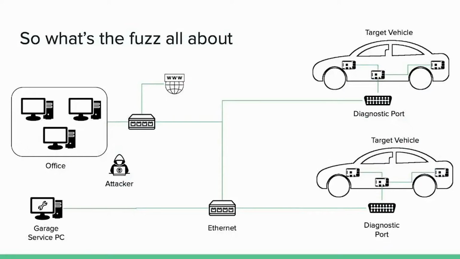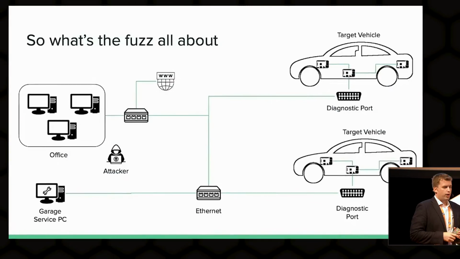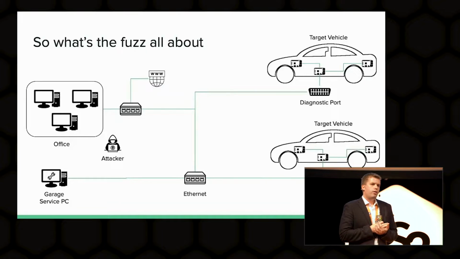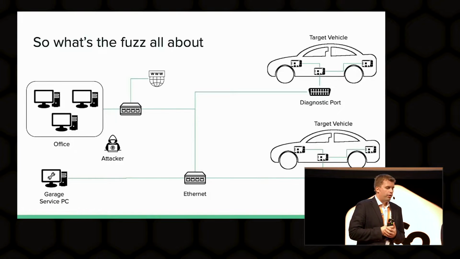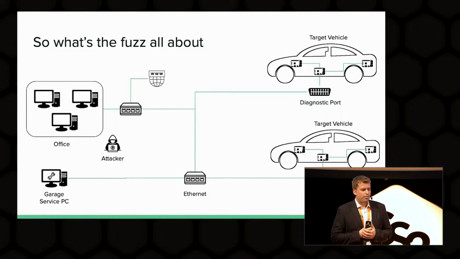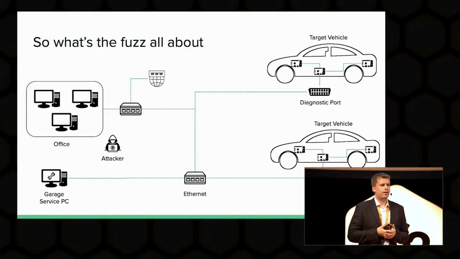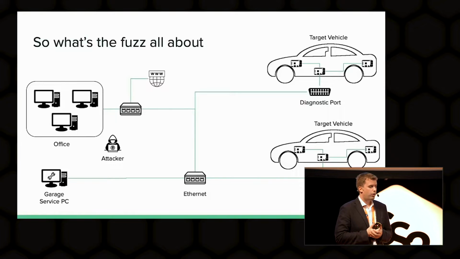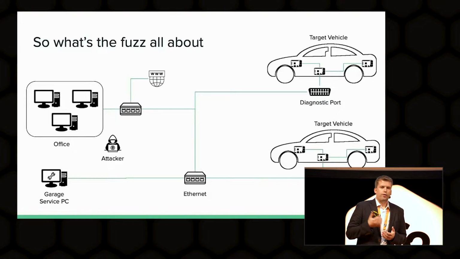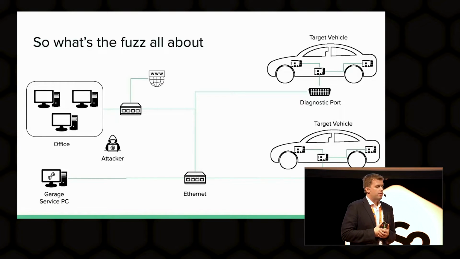Now the question is, so what's the fuzz all about? Usually, if you do diagnostics with a vehicle, it's a point-to-point connection. So you have a tablet computer with the OEM software on it, and you connect it, and you do your diagnostics. But with Ethernet being a packet-oriented protocol, you could just hook up your car to the next available Ethernet port, and maybe you have your computer to do the analysis somewhere else.